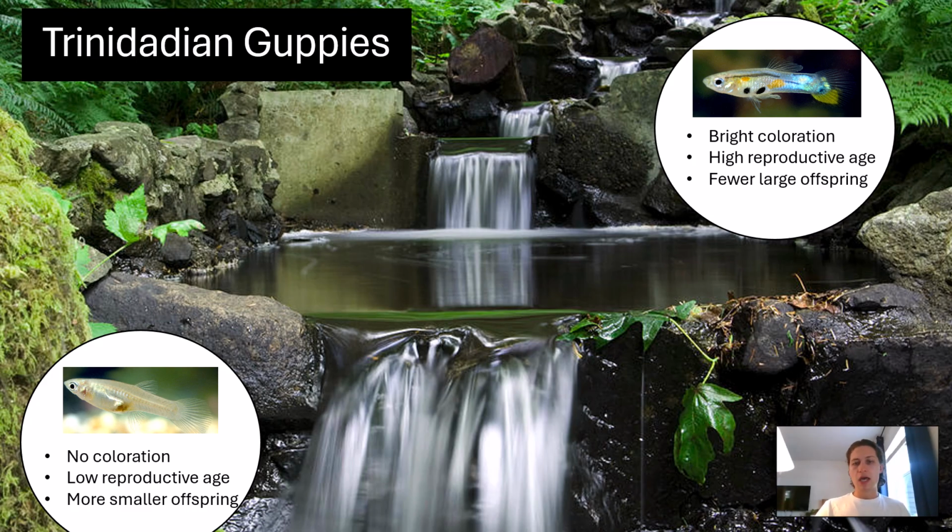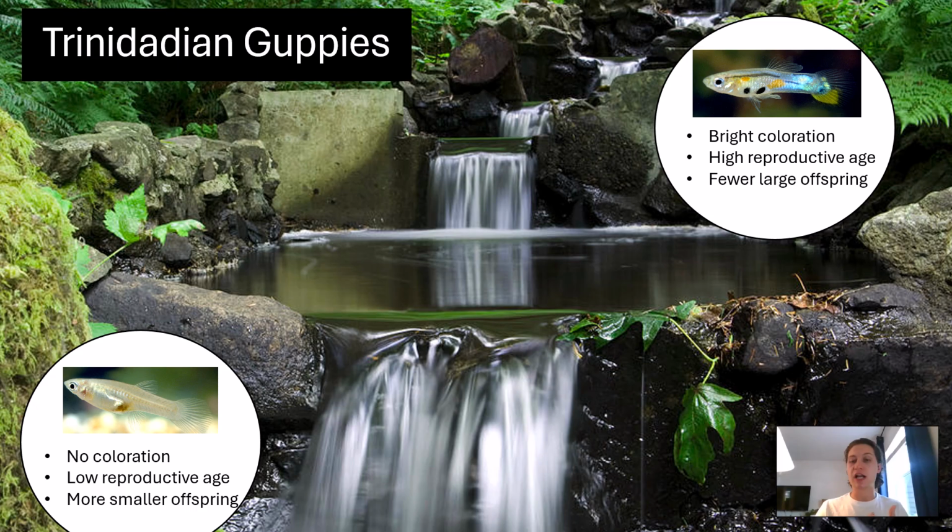For example, the Trinidadian guppies that are higher up in the waterfall have a lot more bright coloration. They have a very high reproductive age, which means they have to be older in order to reproduce. And they also usually have fewer but larger offspring. In contrast, the guppies that live towards the bottom of the waterfall and have a lot more predation risk don't have any coloration.